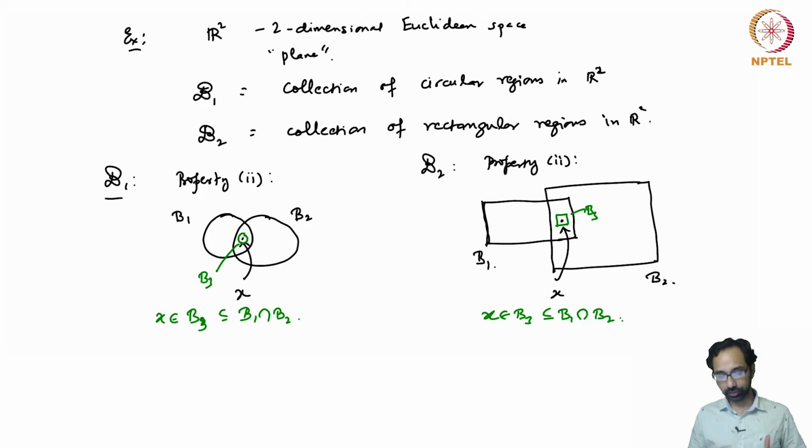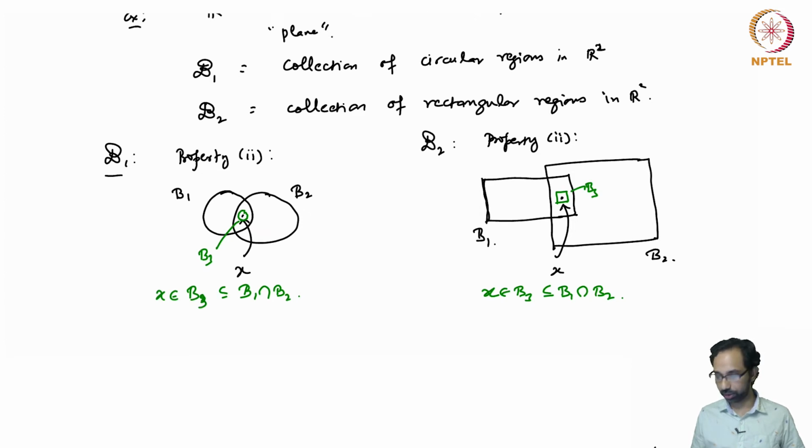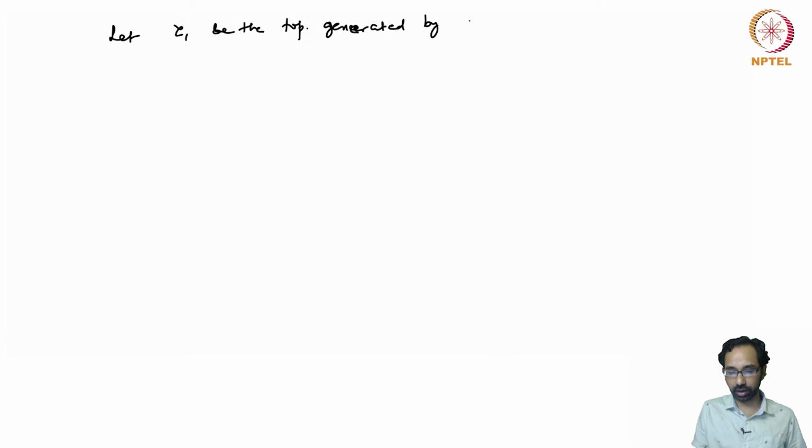Now these two bases B1 and B2 generate topologies. Let tau 1 be the topology generated by B1, and similarly tau 2 be the topology generated by B2.